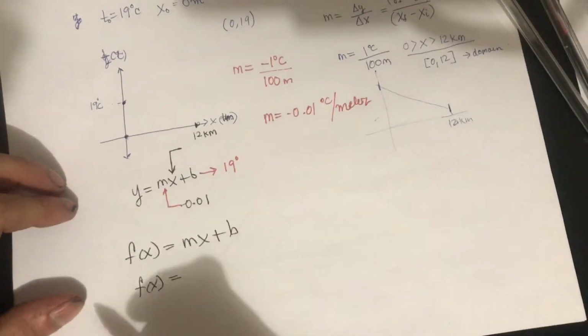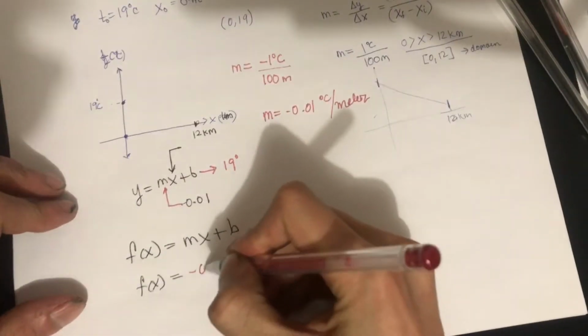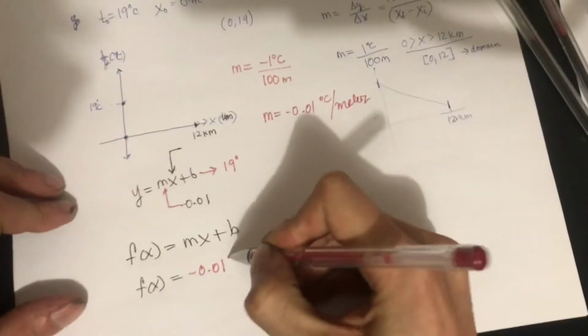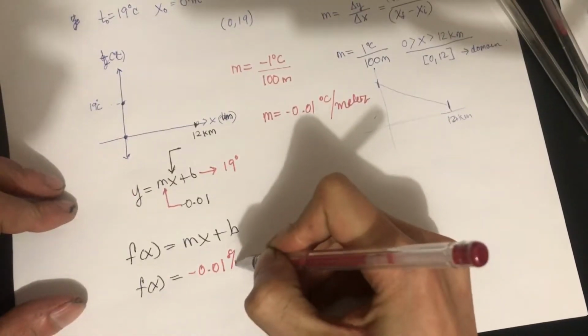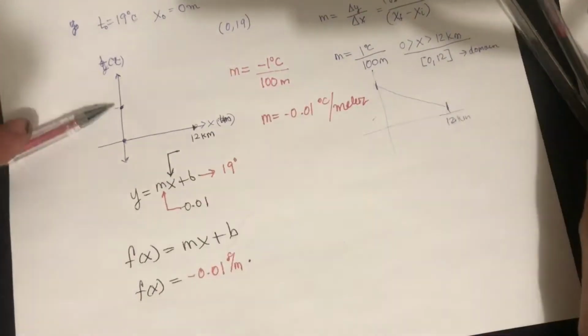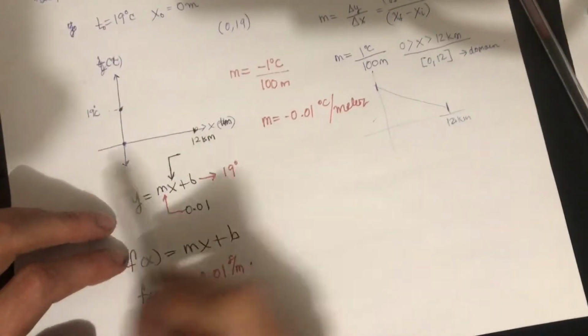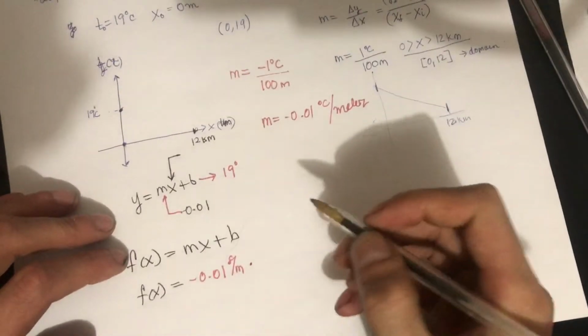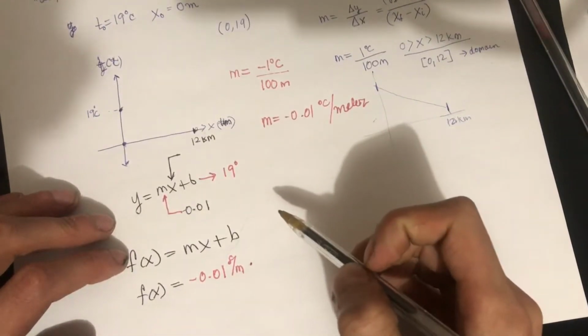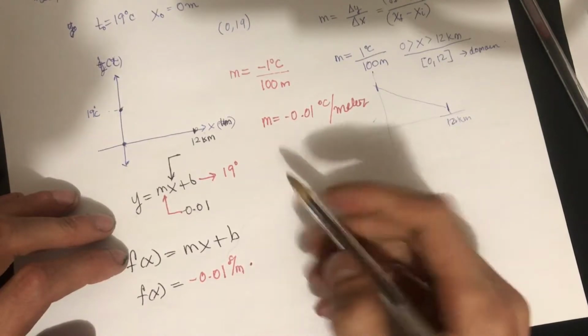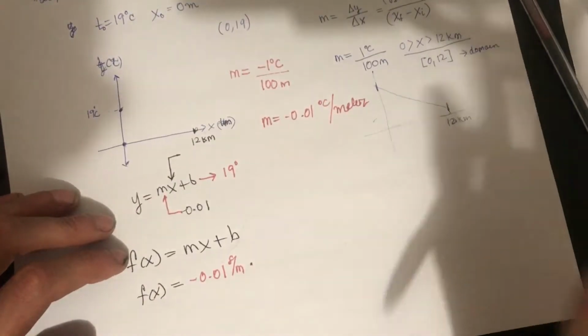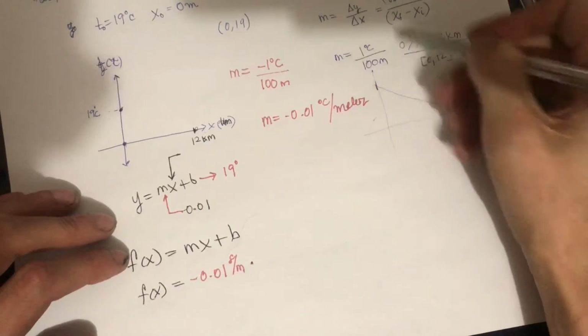We can say -0.01 degrees Celsius per meter times my final value for x, for which I know it will stop expanding at this rate.